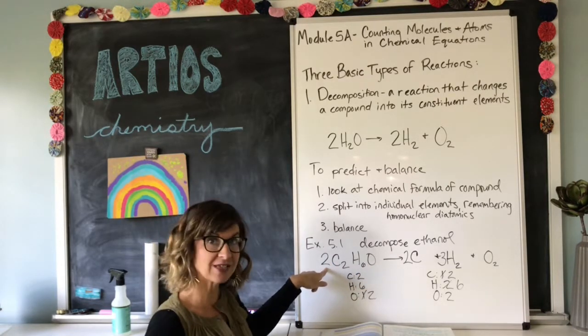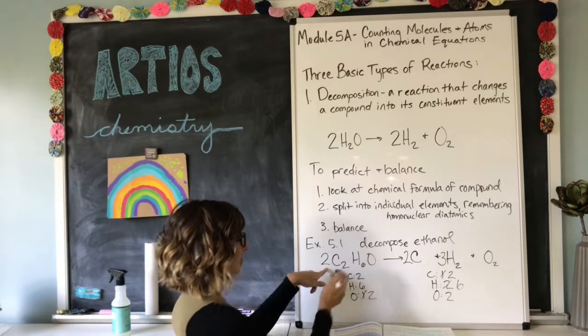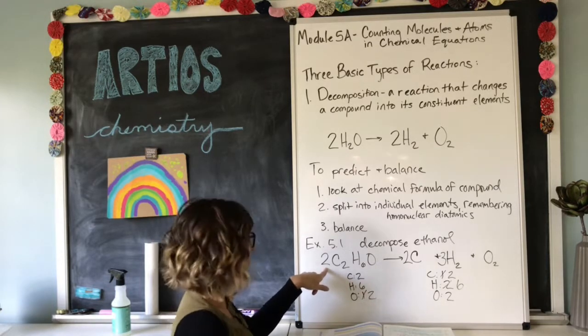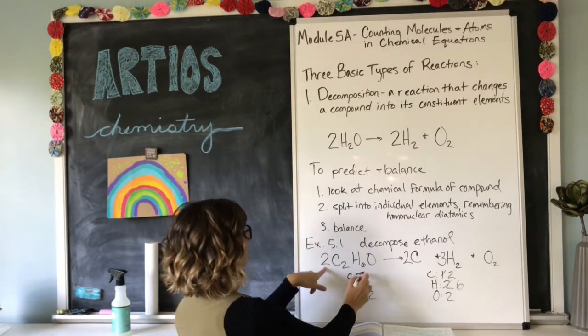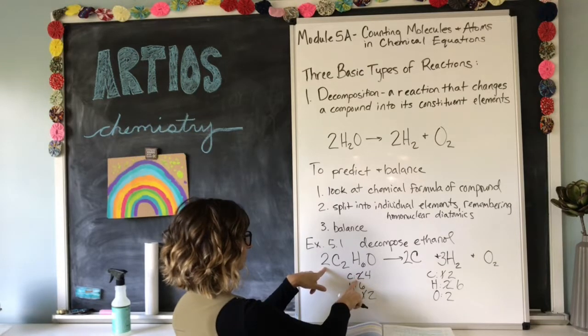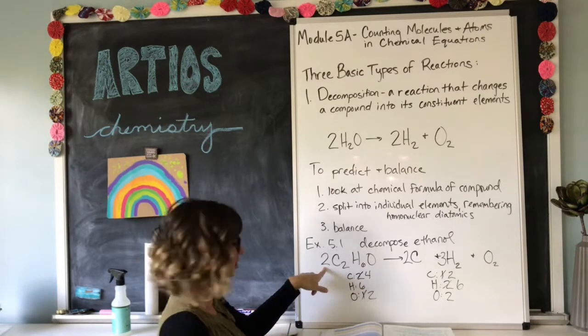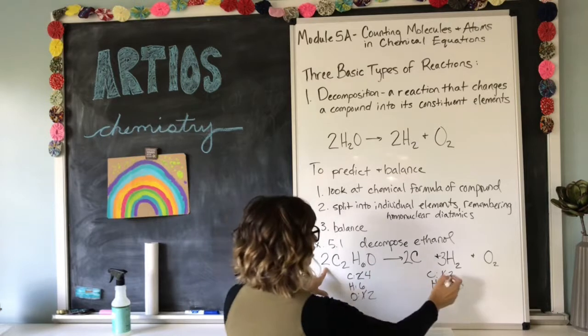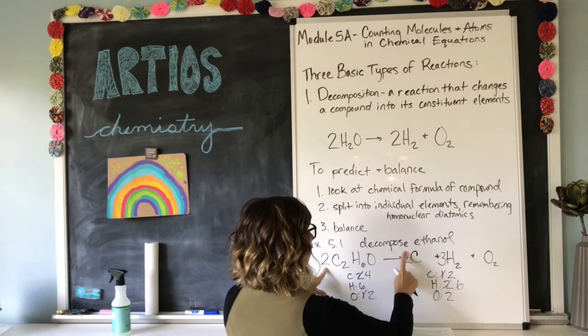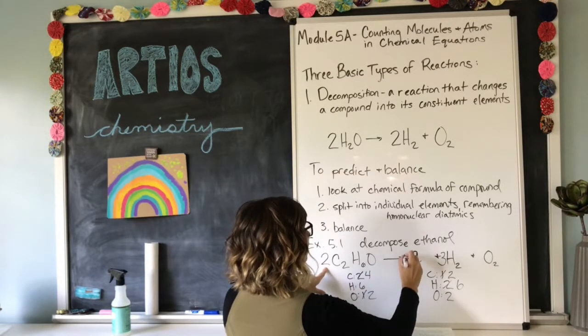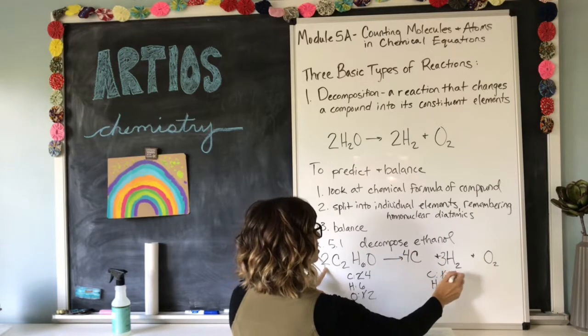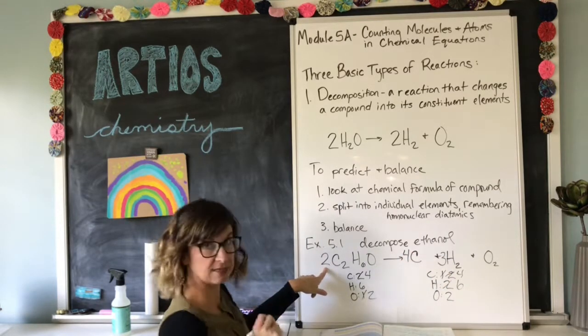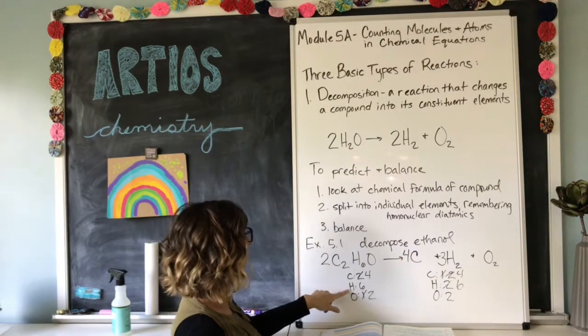However, we also just changed the amounts of carbon and hydrogen. So now we have 4 carbons. Just keep crossing them off and changing the coefficients. So over here, instead of a 2 coefficient, we need a 4 coefficient so that we have 4 carbons on both sides. Okay? Hydrogen.